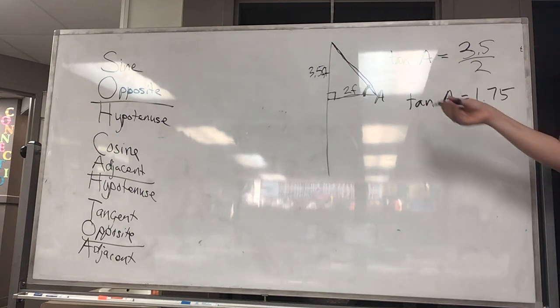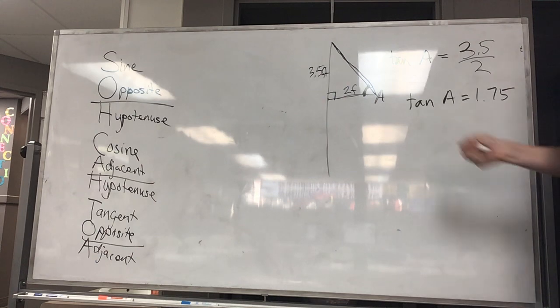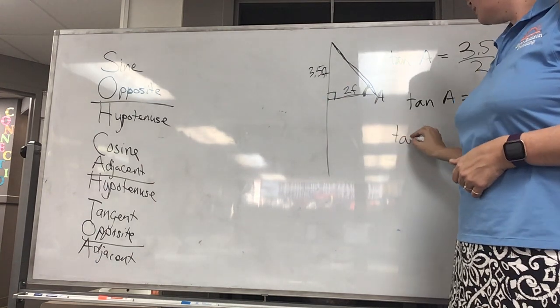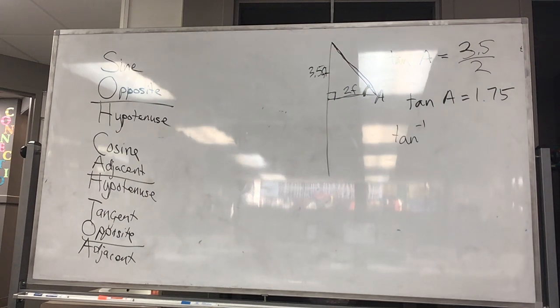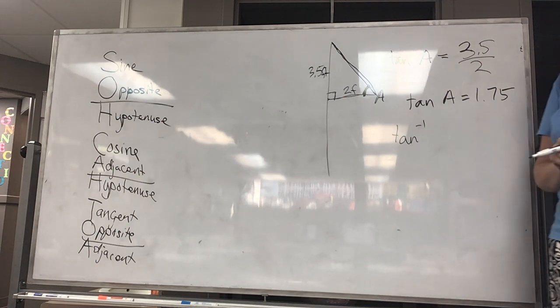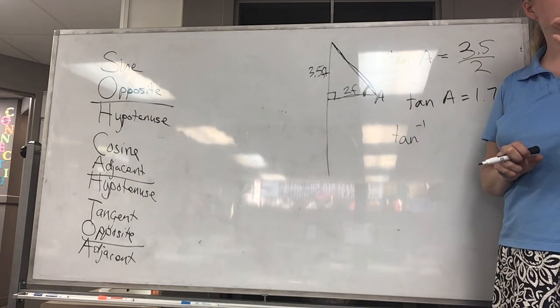The opposite of tangent is tangent inverse, and it has a little -1 written by it. If you look at your calculators again, there's usually those second keys, and above your sine, cosine, tangent, there should be an inverse button.